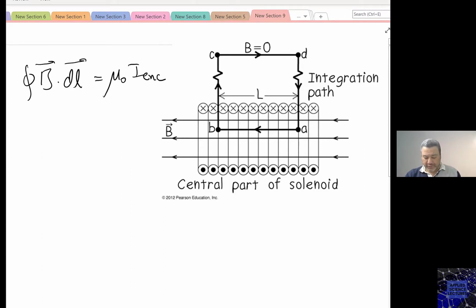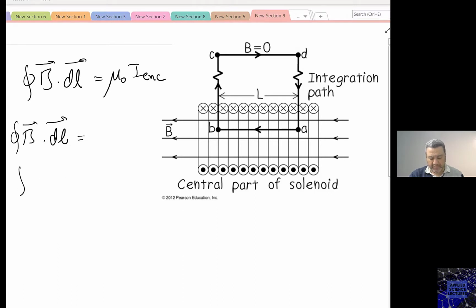Now, if we look at those 4 paths, we have this integral for the magnetic field over this dl, which will be equal to the integral over 4 paths.